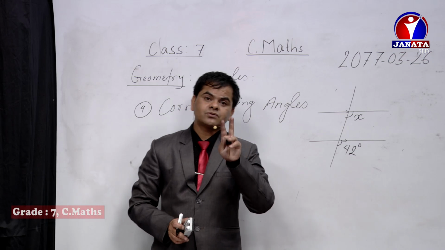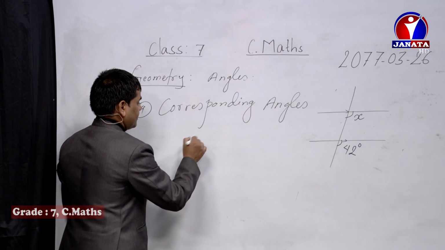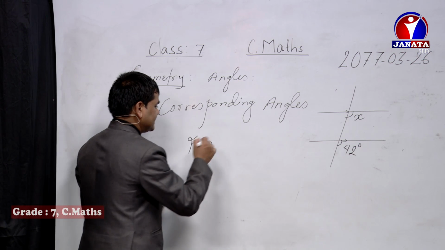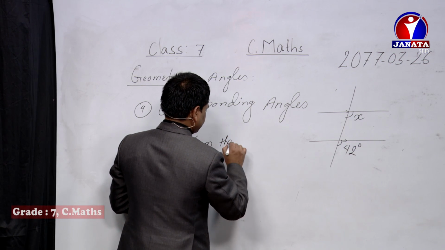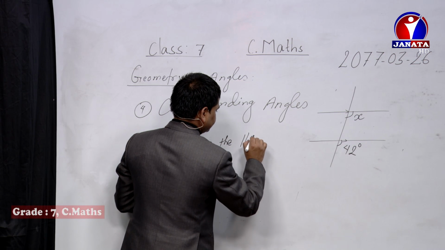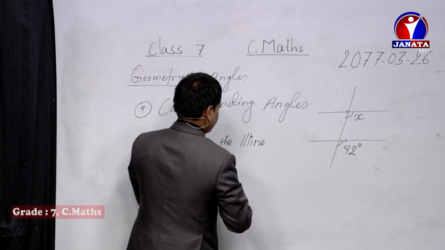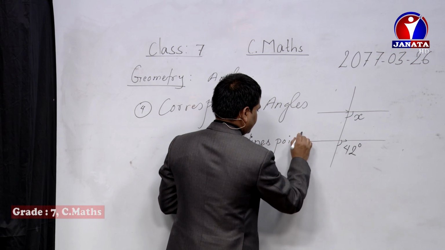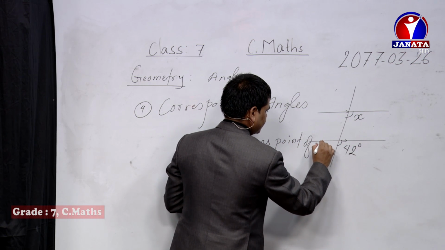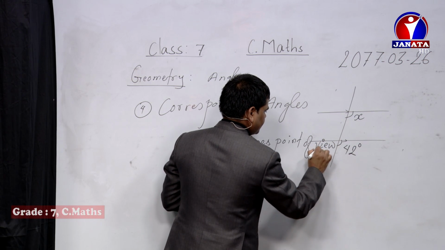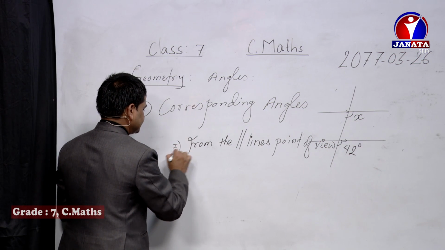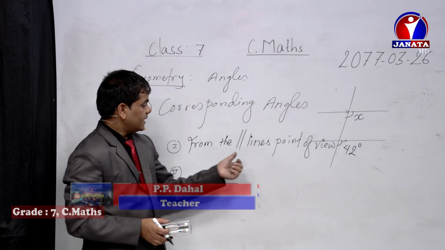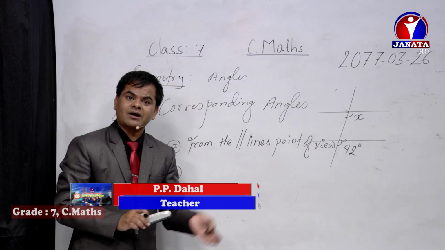You need to think about two concepts, dear student. In order to understand the different types of angles, one is from the parallel lines point of view, which means either they are inside of the parallel lines or outside of the parallel lines.